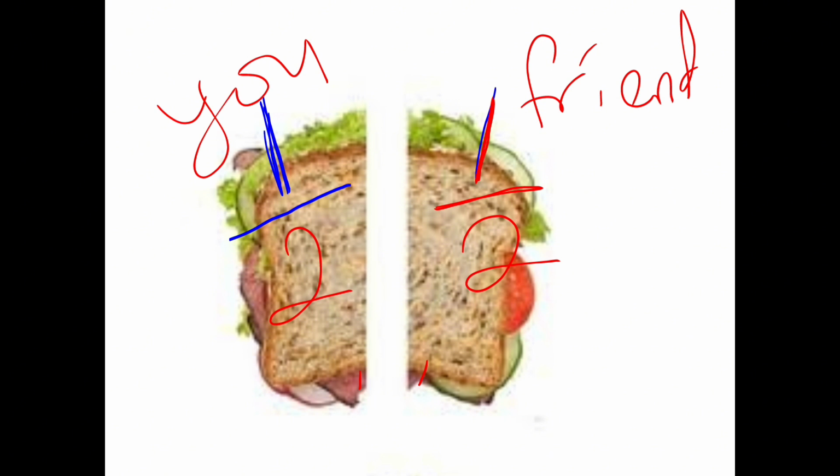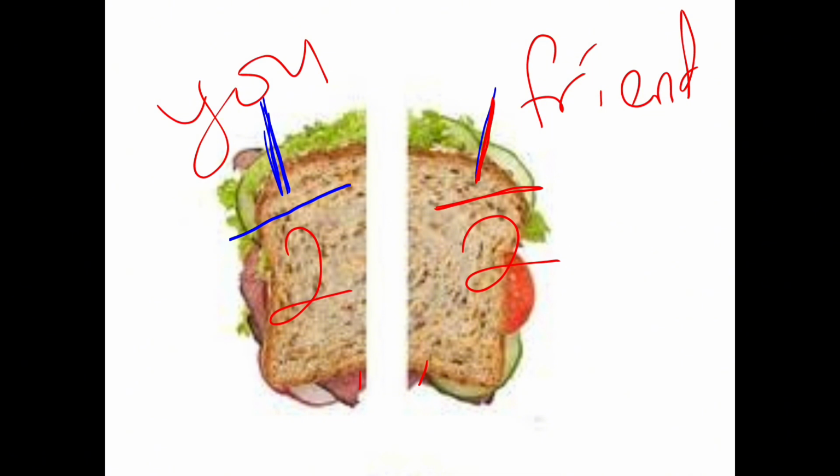So this means that you having 1 out of 2, that is 1 over 2 of the sandwich, means that you are having half of the sandwich, and your friend is also having 1 over 2 of the sandwich. Do you understand? Good.